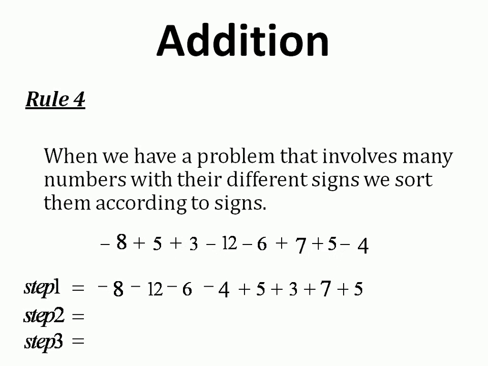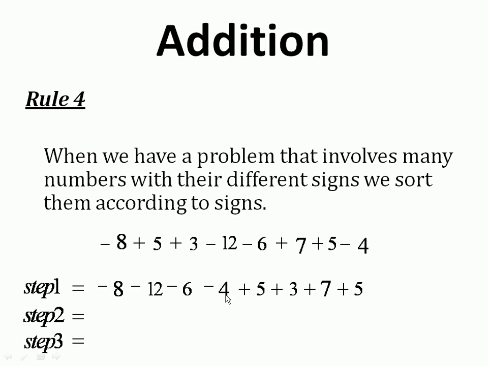Lovely. Now we are going to apply a previous rule. The previous rule that we are going to apply is Rule 2, that states that when we are adding numbers that have the same signs, we add the values and the answer will have the same sign as the numbers that we have added. Now we are going to do that with the first set of numbers.